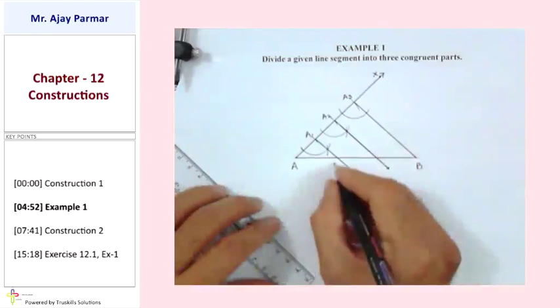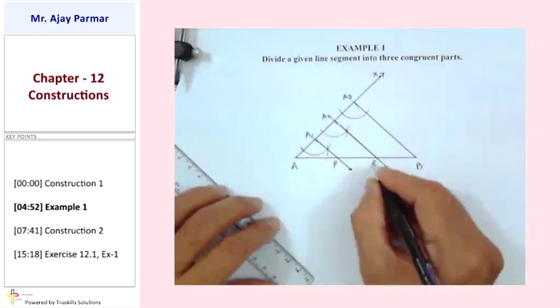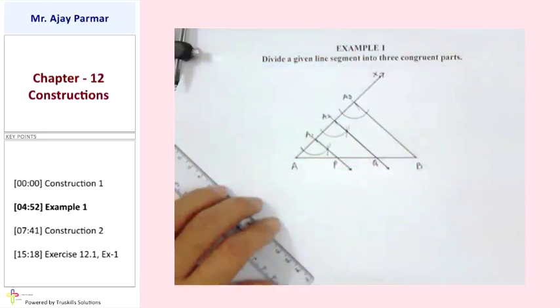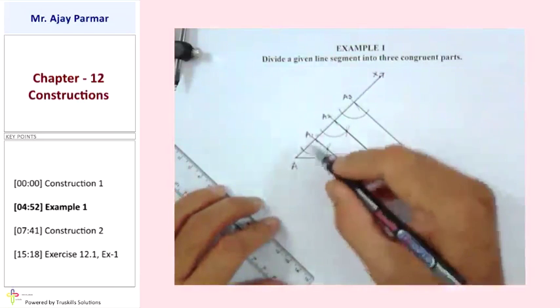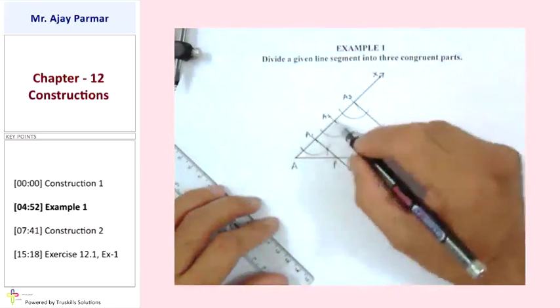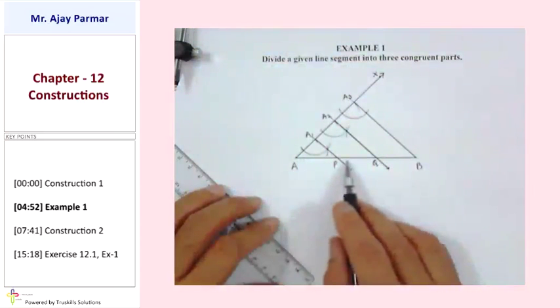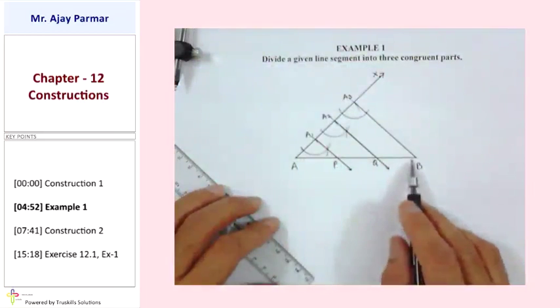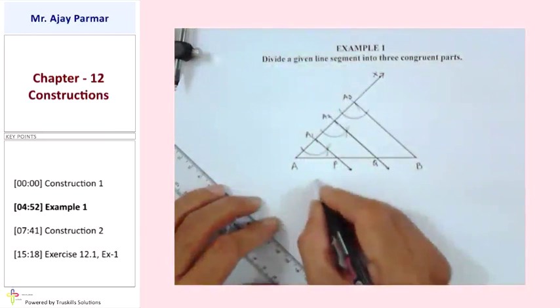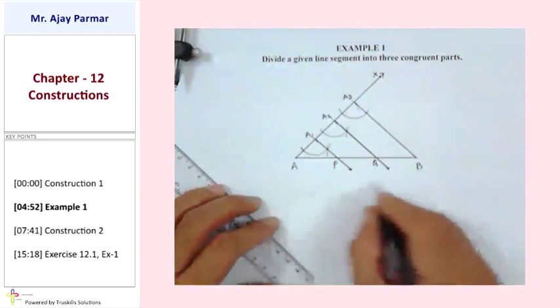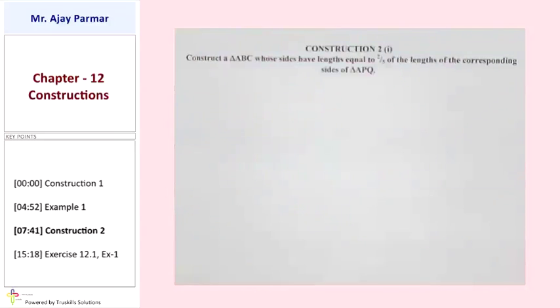Let us call these points as, say, P and Q. So, A1 is same as A1, A2 is same as A2, A3. And therefore, AP will be same as PQ will be same as QB. That means we have divided them into 3 equal parts.